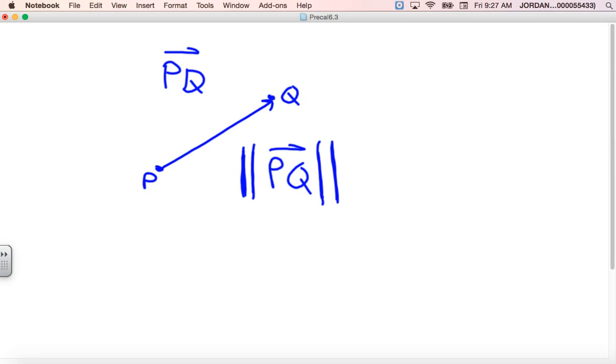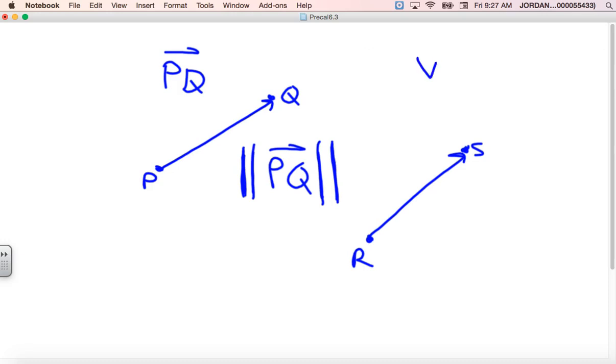So if we had over here RS, and that has the same length as PQ and it's also got the same direction, then those are the exact same directed line segments. Even if they're in a different location, we think of them as the same. Any directed line segments that have that same direction and that same magnitude, we can call the same vector.